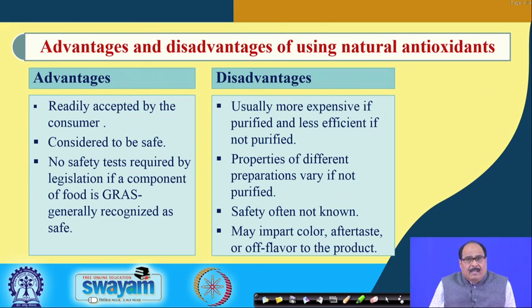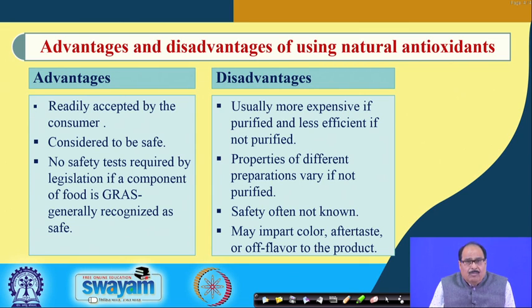So, these natural antioxidants are very good for use in food materials. They are now being encouraged. However, there are certain advantages and disadvantages to the use of these natural antioxidants. The advantages include that they are readily accepted by consumers.